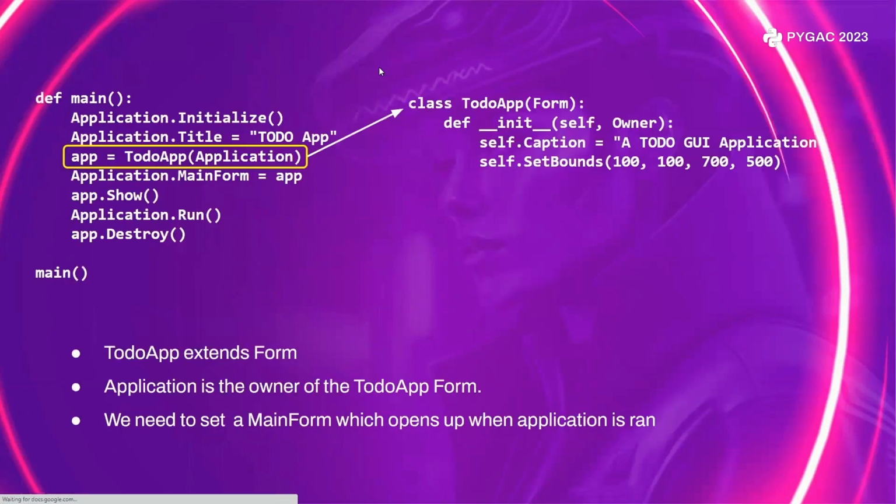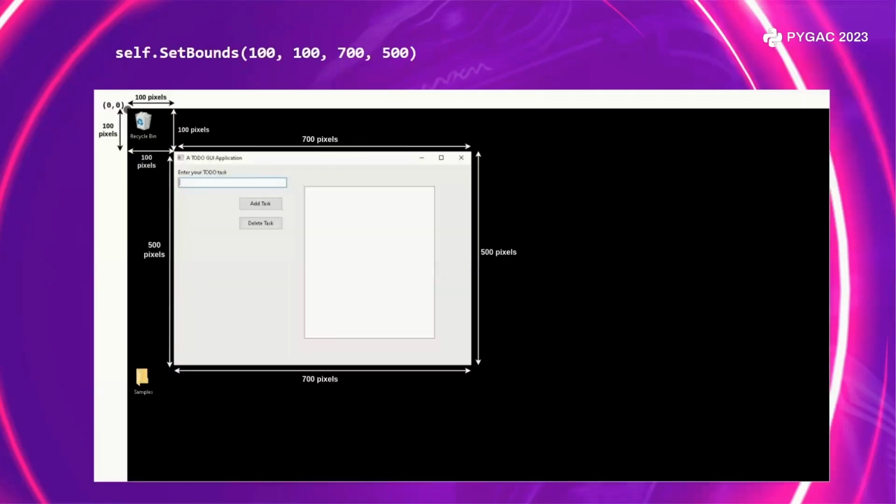Before looking at that, let me explain the bounds. In the set bounds, the first two values, 100 and 100, are the origin of that window itself. The origin of GUI applications starts from the top left corner.